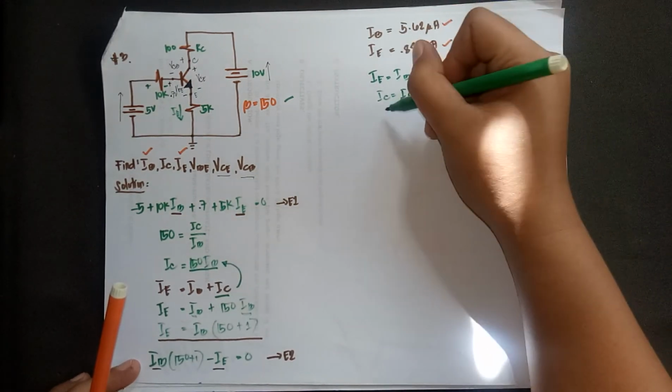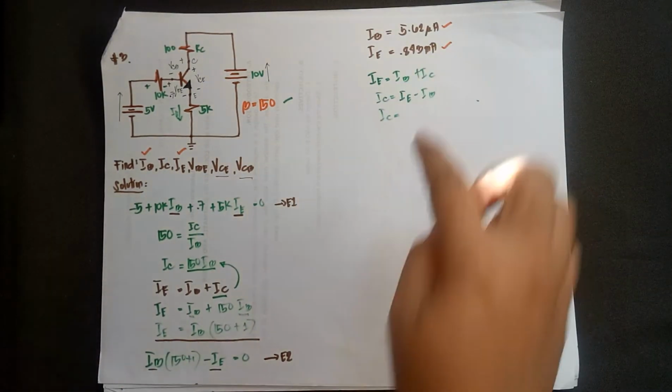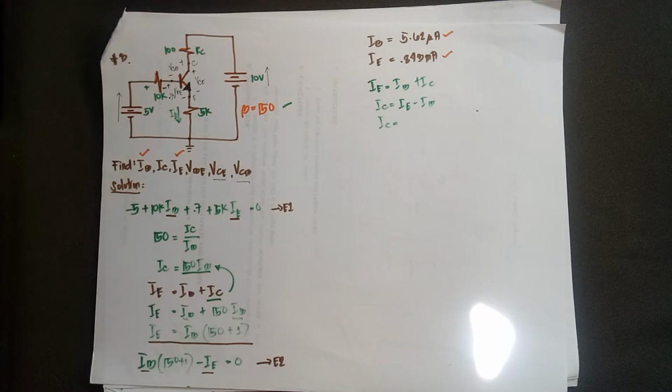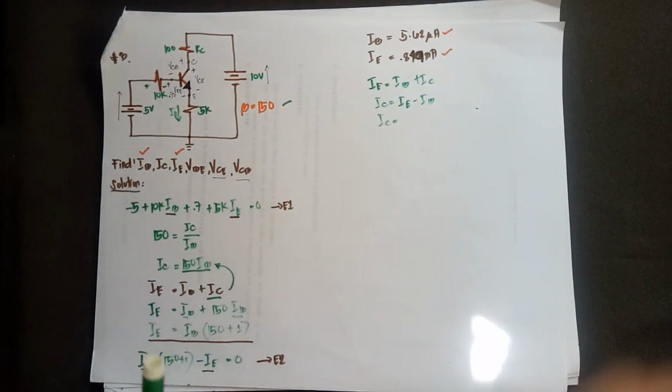minus IB, that gives us an IC, which is equal to, hindi ko na isusulat ha, plug in nyo na lang diretso. Itong ano pala, this is, IE is equal to 0.849, sorry, tao lang.